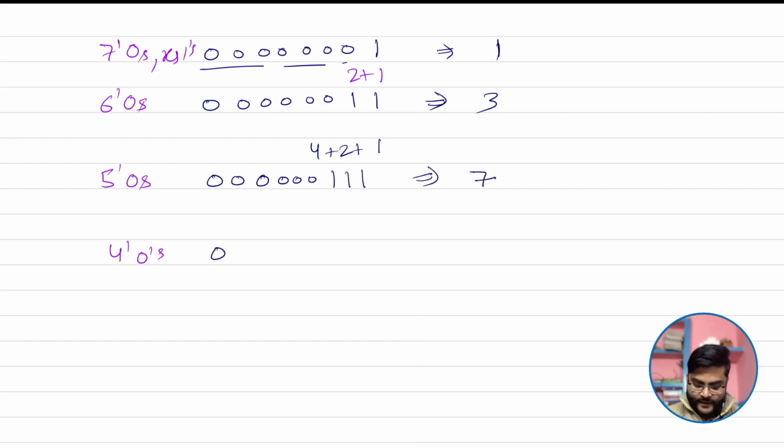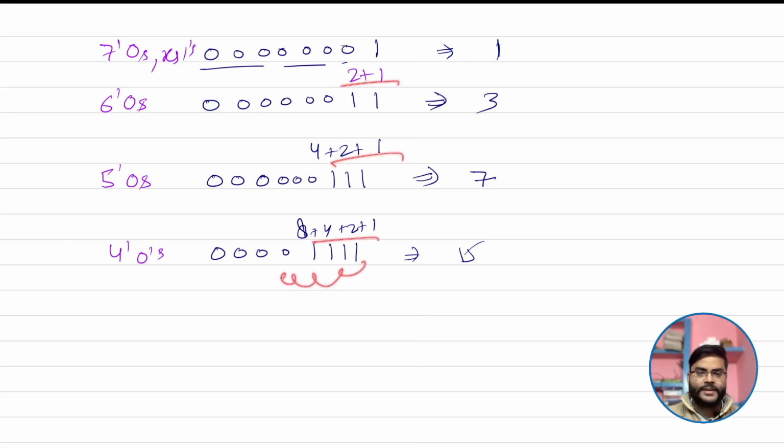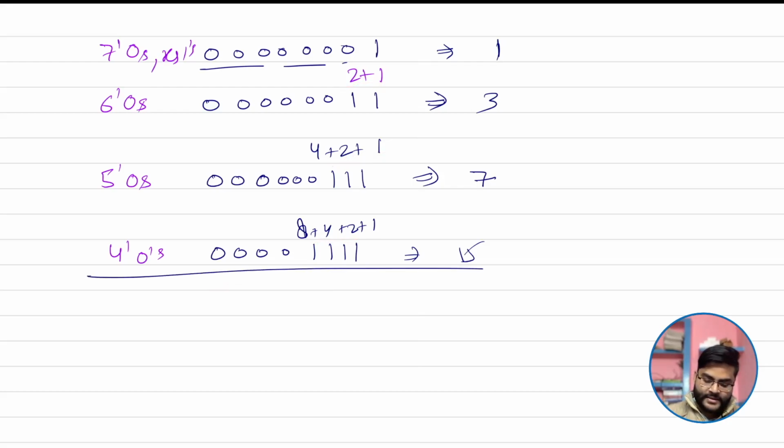If we have 4 zeros and 4 ones, its value will be 1 plus 2 plus 4 plus 8, so it will be 15. But every time you are adding, that's how you are finding your value. But there is another way.